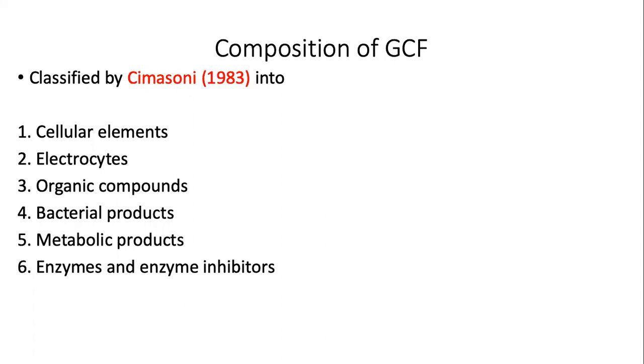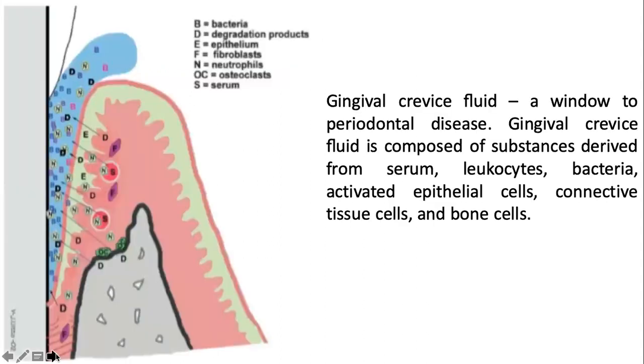Composition of GCF. As per Simasoni in the year 1983, GCF consists of cellular elements, electrolytes, organic compounds, bacterial and metabolic products, enzymes, and enzyme inhibitors. This is a mnemonic which I prepared: BDEFNOCS.